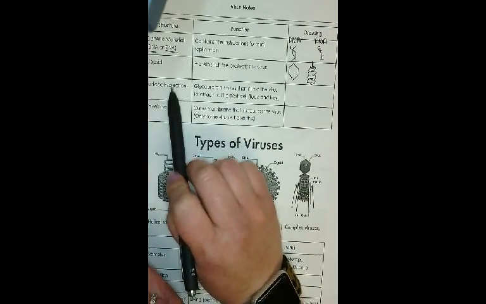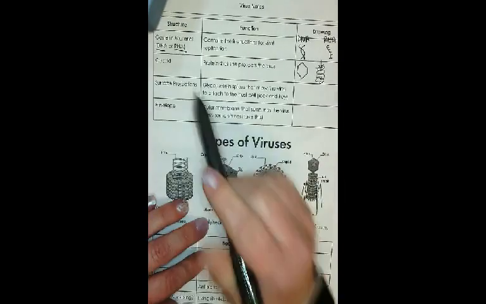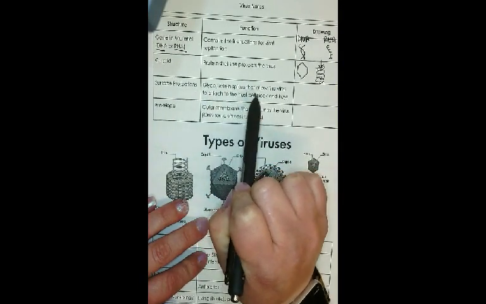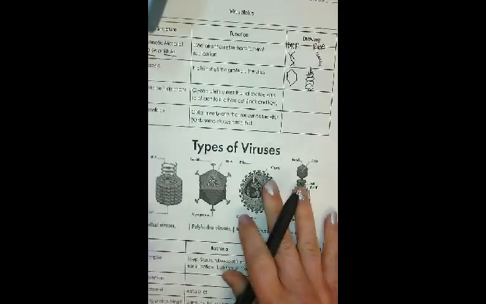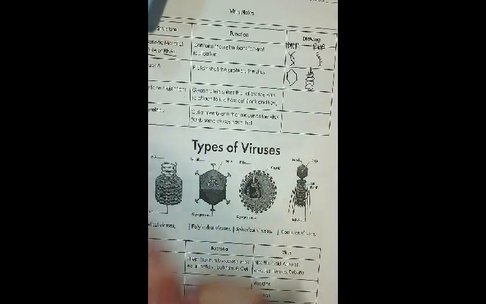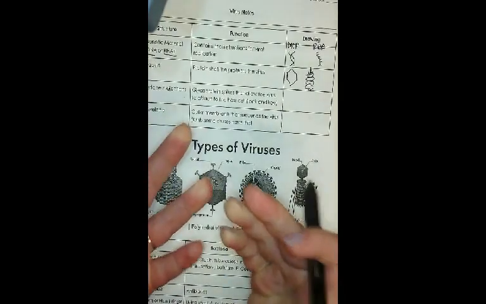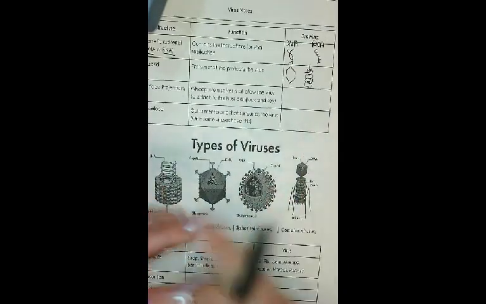Okay, so surface projections, these are key. These are the glycospikes that allow the virus to attach to the host. It's a lock and key. So these surface projections only have a specific target. If you don't have that target, it cannot hurt you. This is a reason why we are wearing masks, because COVID actually attaches to the surface membrane of your mucous membrane versus your stomach.